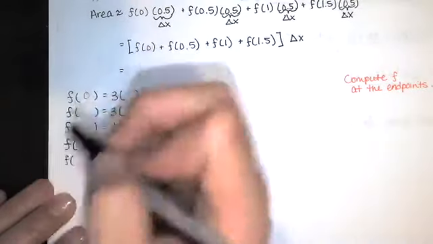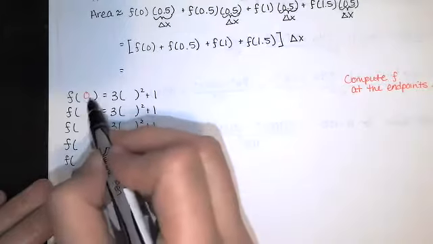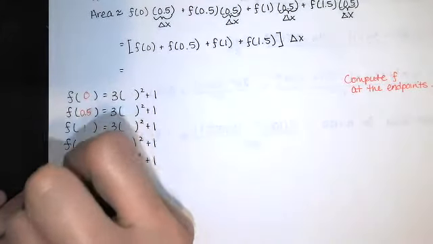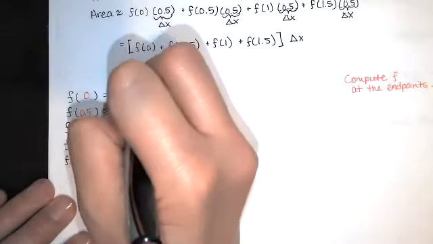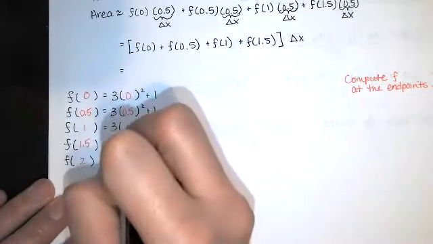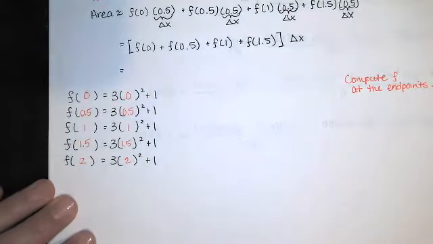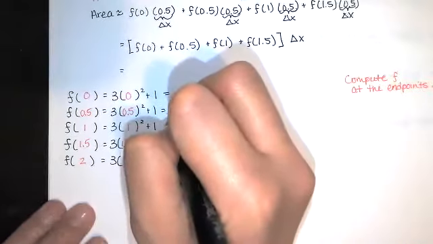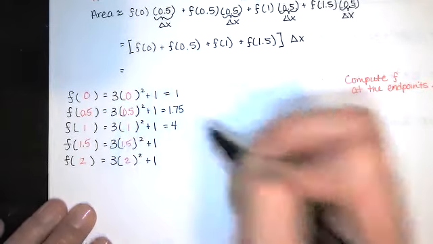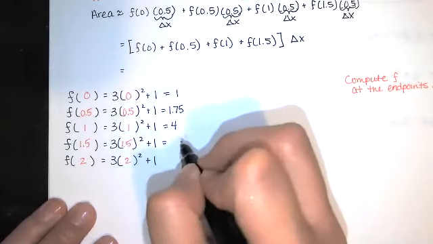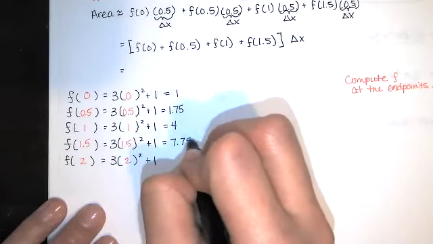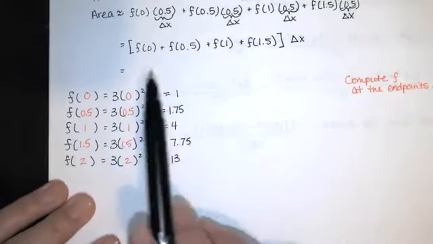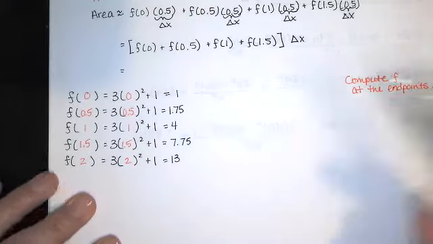So I evaluate at all of those x values, x sub 0, x sub 1, x sub 2, x sub 3, and x sub 4. And so we get 1 and 1.75 and 4, and this one happens to be 7.75, and this one is 13.